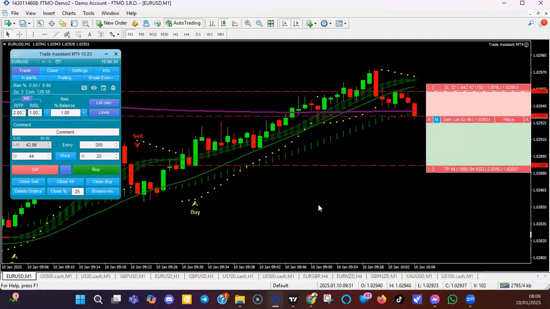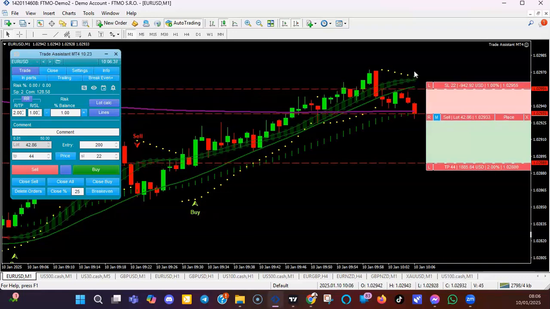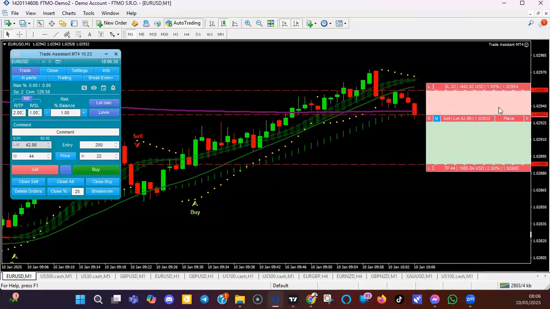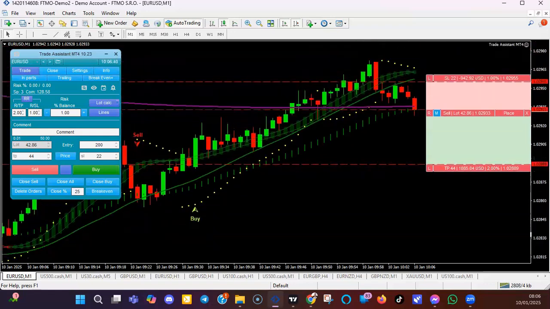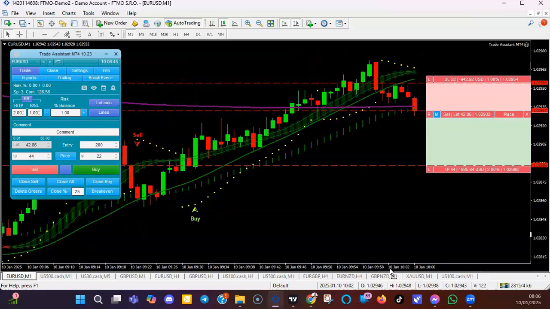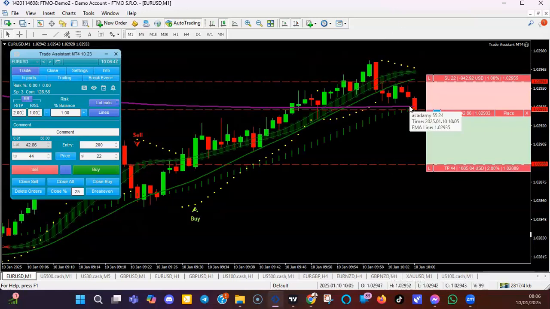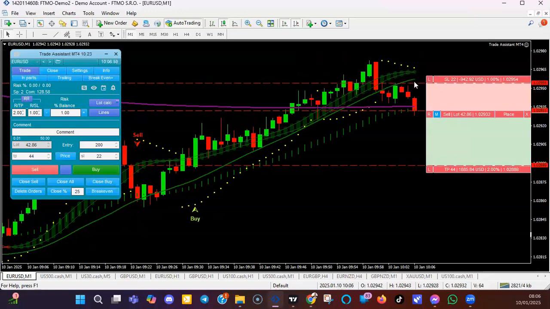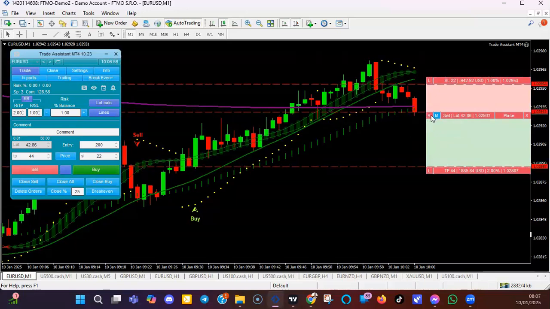Right, so as you can see, a sell did flip on and off very, very quickly. But we've got to wait for all these indicators to turn red: volume, trend, and wave. This is where I would be wanting to put my stop loss, just below that purple line there.